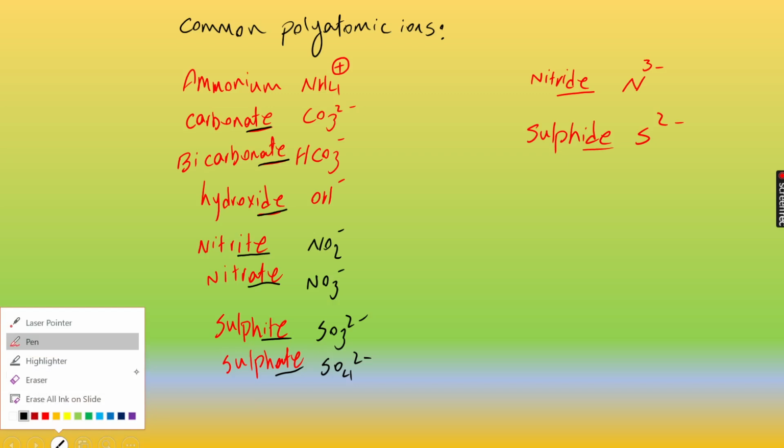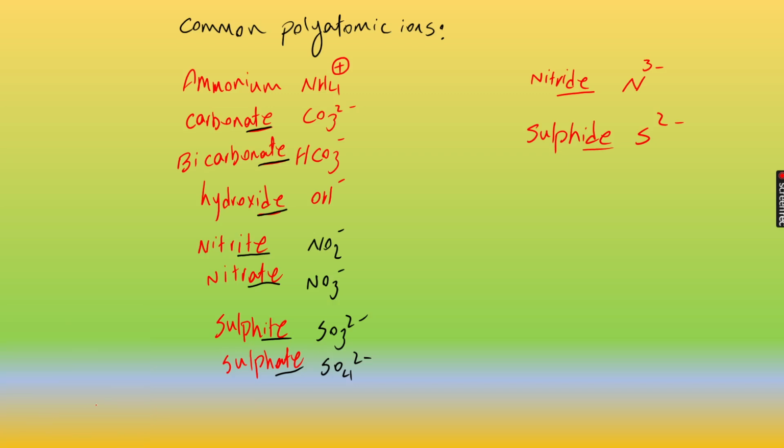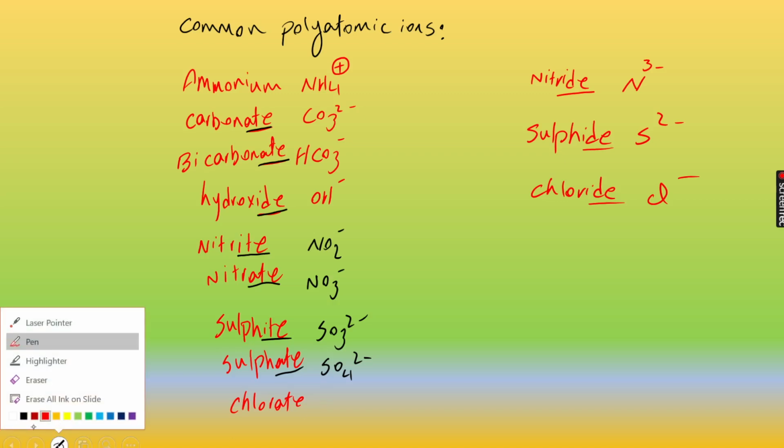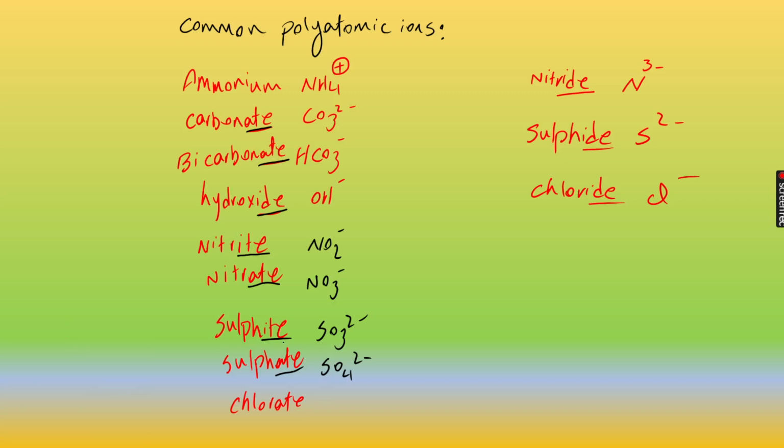And the chloride. You remember that the chloride with IDE was Cl minus, but the chlorate should be ClO3 minus.